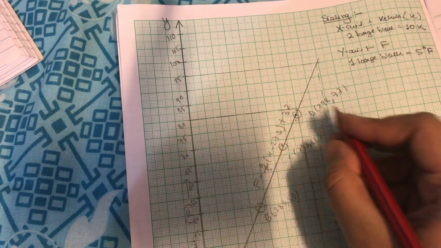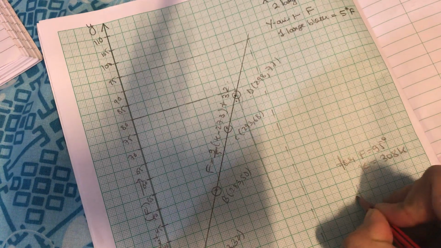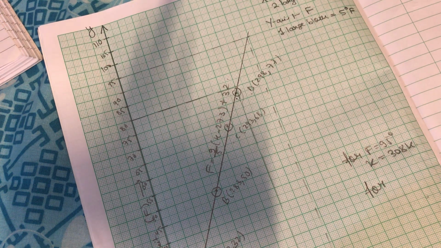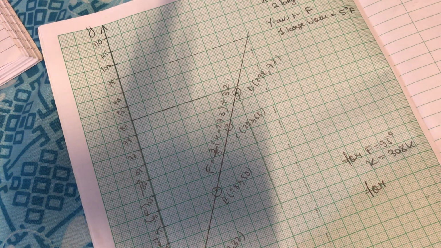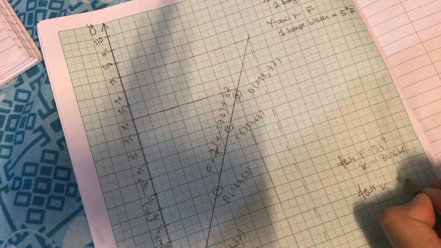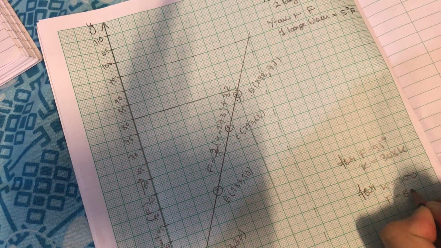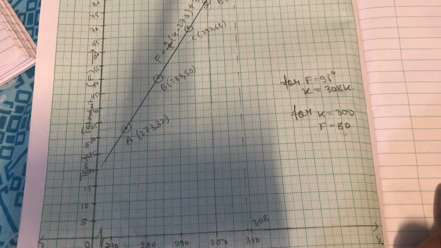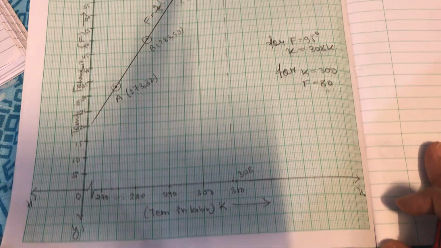So for 300 it is meeting at 80. So that also I'll write. For k equals 300, f equals 80. So this is the solution of the graph which I have drawn.